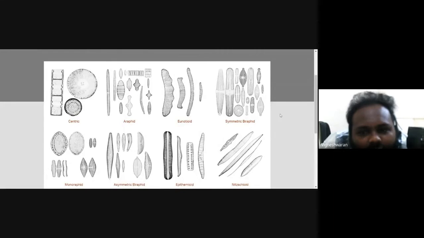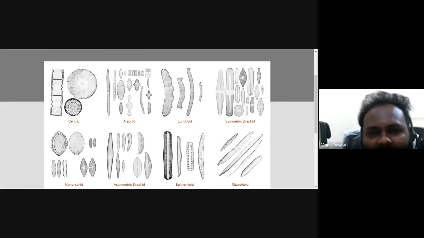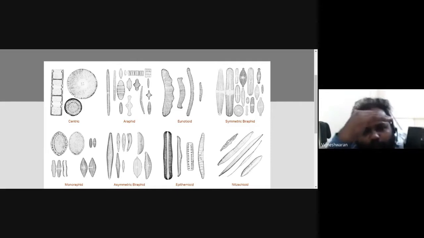So okay, let us go to the morphological structure of diatoms. I'm going from top to bottom, section by section. There are two major ecosystems for diatoms: one is the freshwater environment, another is the marine environment. If you ask which came first, it is the marine environment.